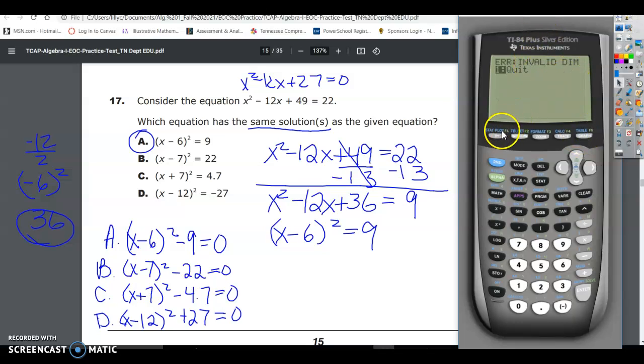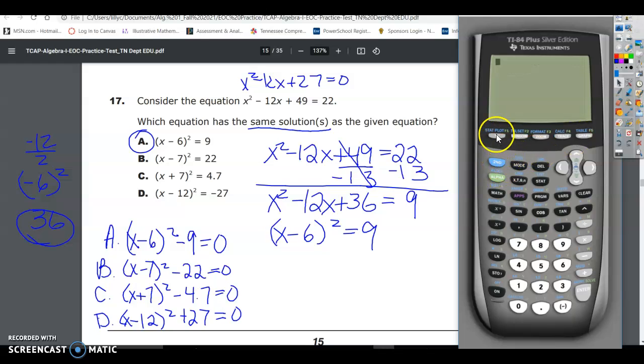See how this says invalid dimensions? I need to go to my window. Let's see, let's go second, see if it'll let me do zoom 6. Okay, so maybe I typed it in wrong. Let's see, y equals. Maybe it wants a negative here. All right, let's try negative and see what happens.